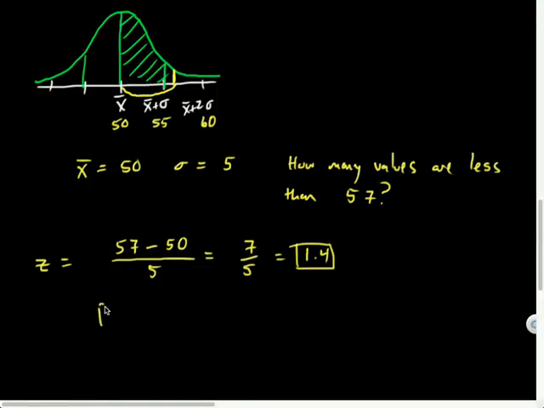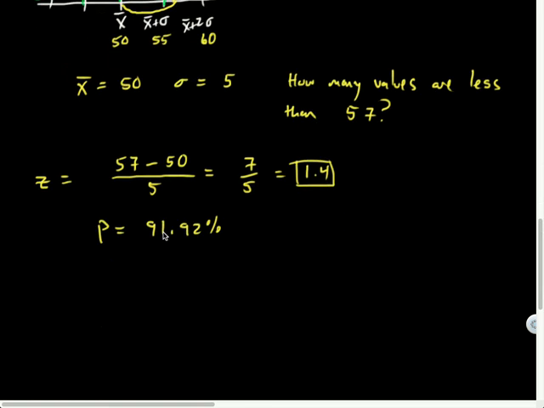So the corresponding percentage is 91.92%. So if I wanted to find out how many values, I could just multiply 0.9192 times 150, and I get 137.88 values less than 57.